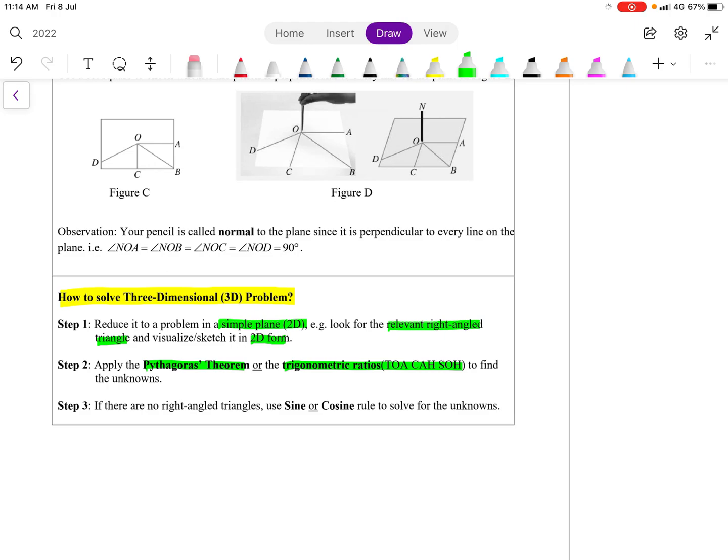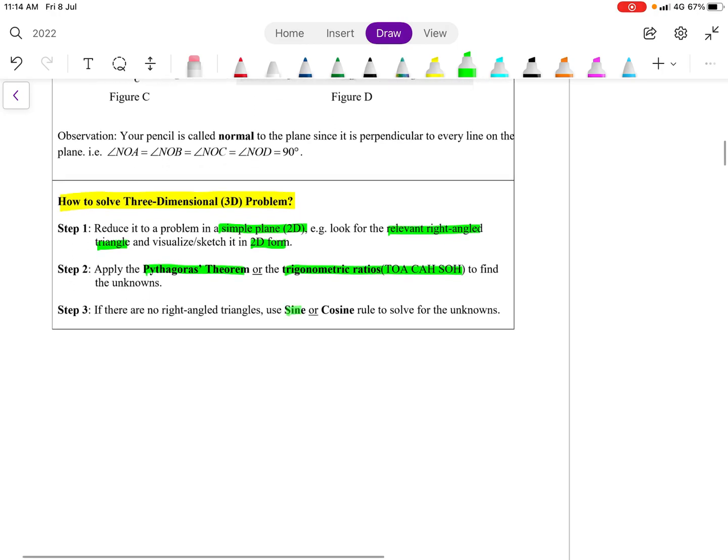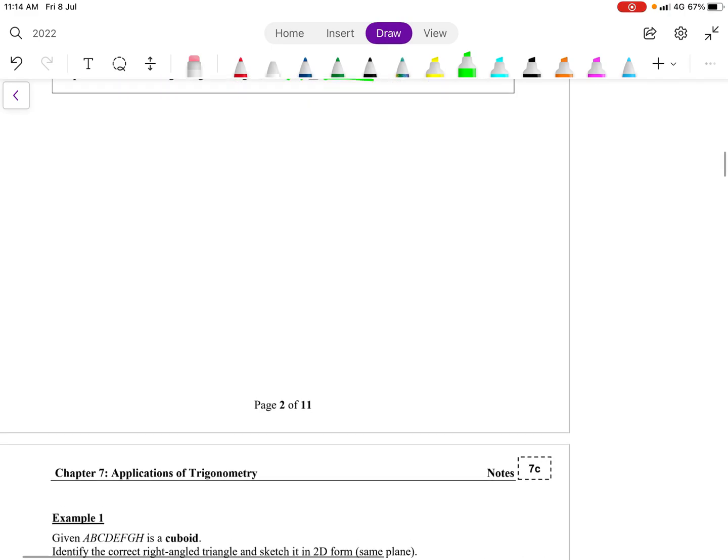In some cases when there are non-right angle triangles, then you will be dealing with sine rule, cosine rule, or maybe area of triangles. So make sure you can remember sine rule, cosine rule, SOH CAH TOA, and Pythagoras theorem before you attempt this Notes 7C.